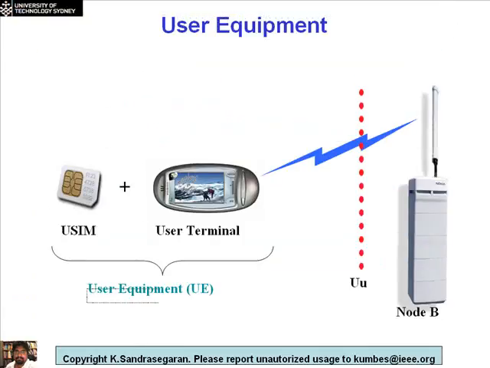So what we have in the user equipment is the USIM and the user terminal, and the interface between these two is referred to as the Cu interface, and the user terminal communicates with the Node B over the Uu interface using wideband CDMA.